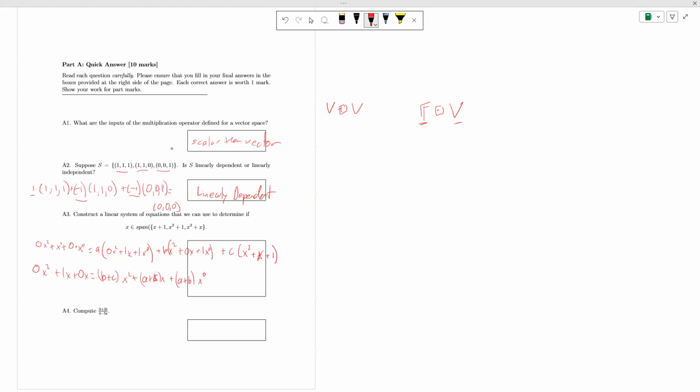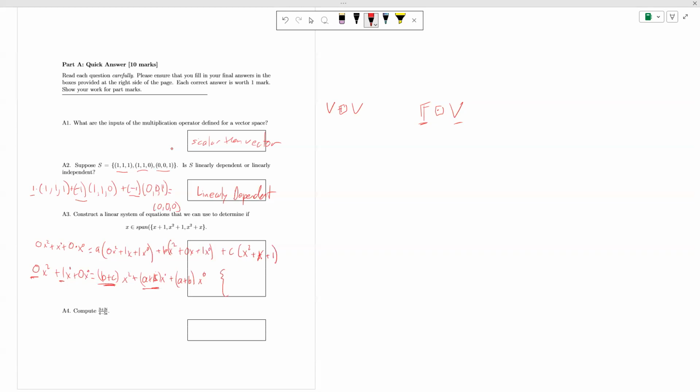And now, collecting like terms, we get a system of equations. So our coefficients for our polynomials, our coefficients for our x squared terms, our coefficients for the x to the 1 terms, and our coefficients for our x to the 0 terms.